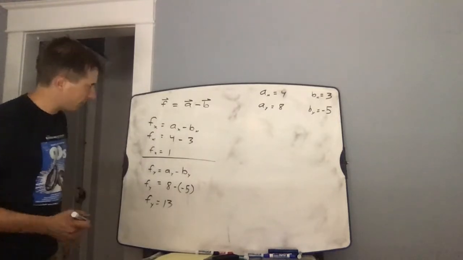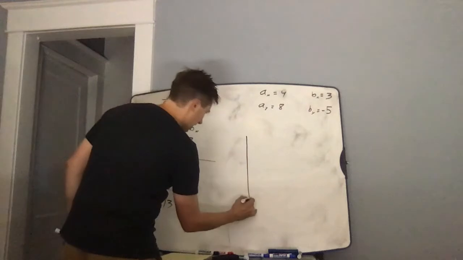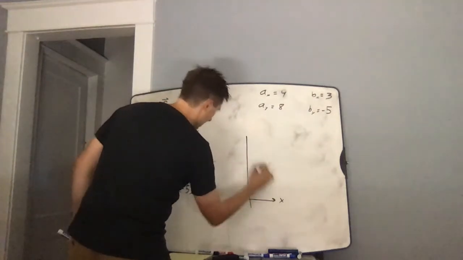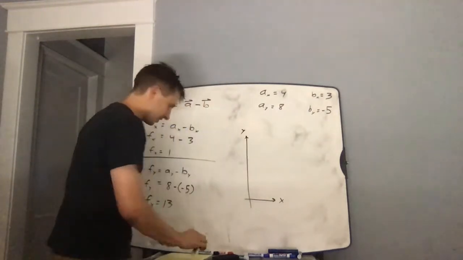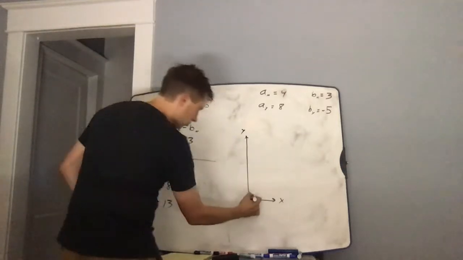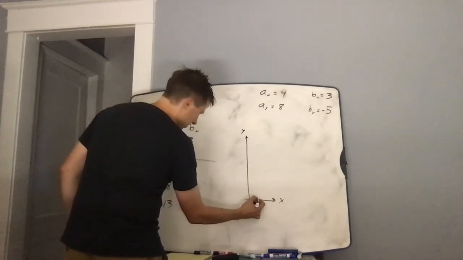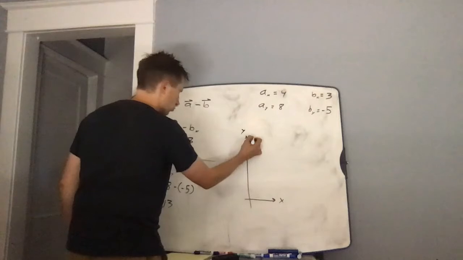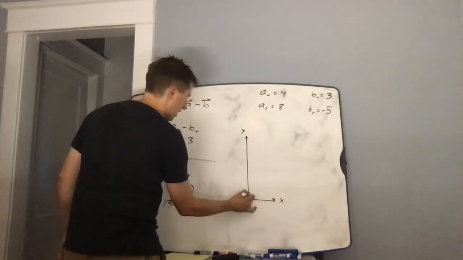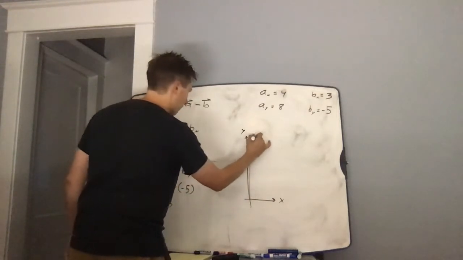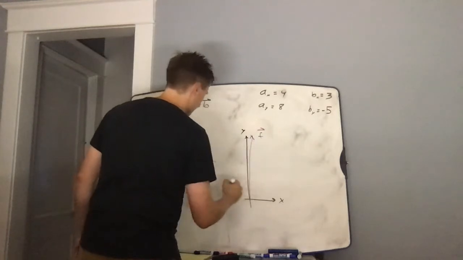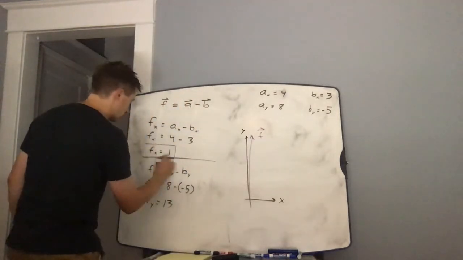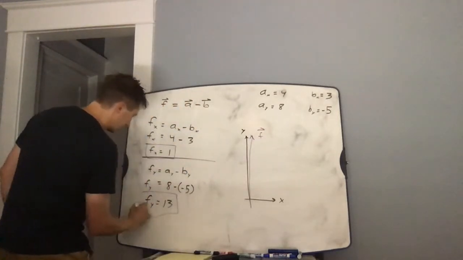So if I were to plot vector f, here is my x-axis, my y-axis. Vector f is going to be 1 in the direction of the positive x-axis and 13 in the direction of the positive y-axis. So vector f will be something like this, where fx is 1 and fy is 13.